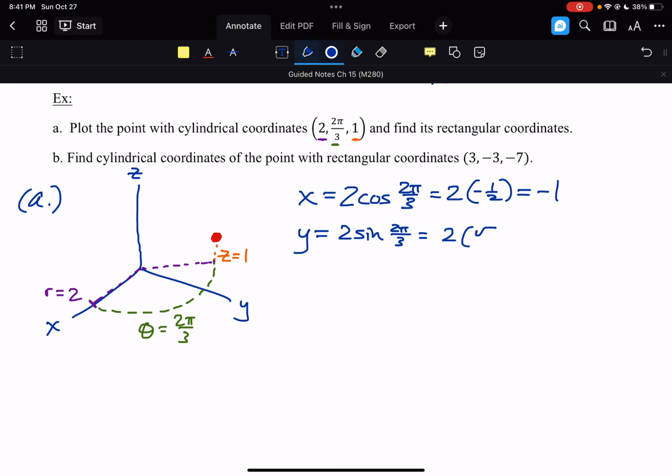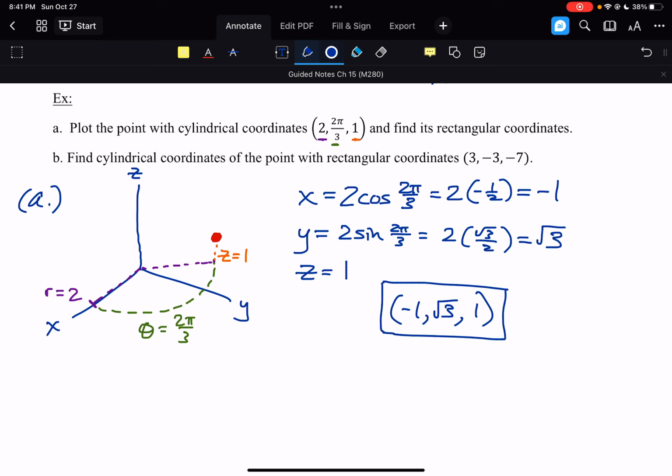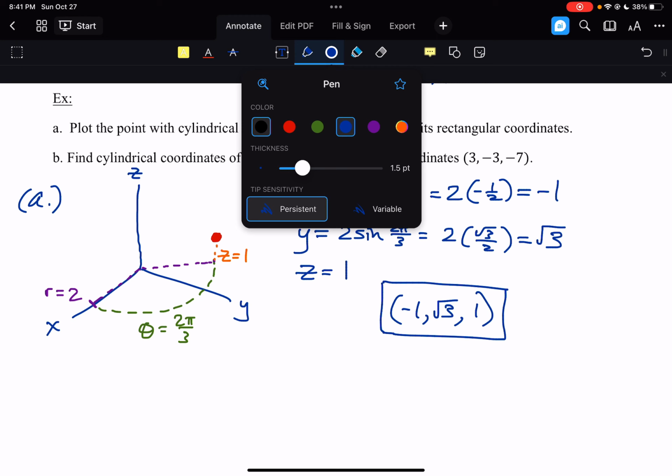Sine of 2 pi over 3 is root 3 over 2. So we get just root 3. And z is the nice and easy part in cylindrical coordinates because it's just 1 and it's already been given to us. So we get negative 1, root 3, 1 are the coordinates of the point in rectangular coordinates.